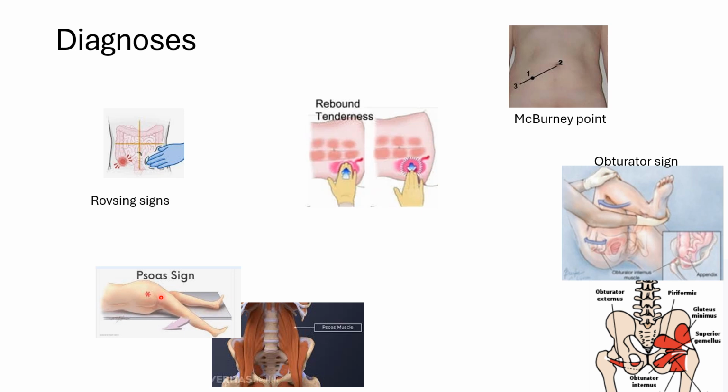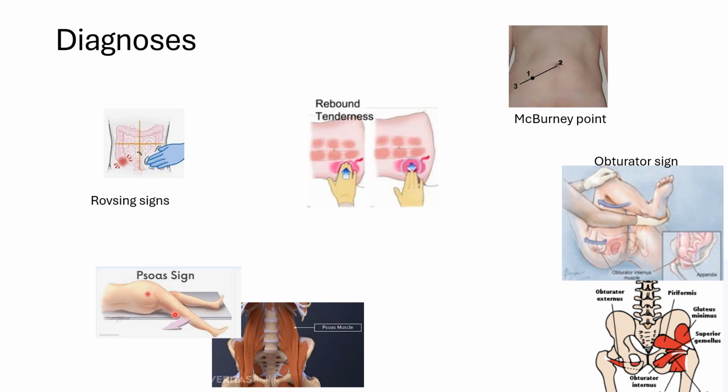Another exam that we can do is the psoas sign. What is happening here is that we tell the patient to lie down on their left side, and then we move the leg on the right side.